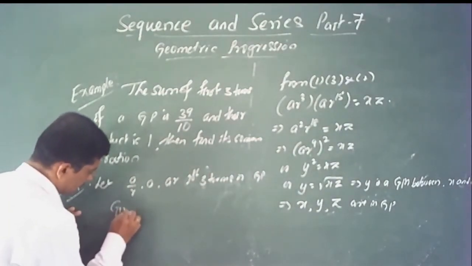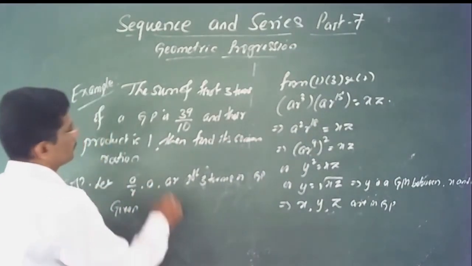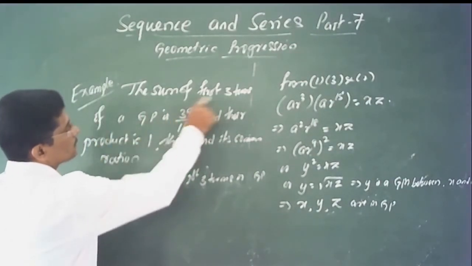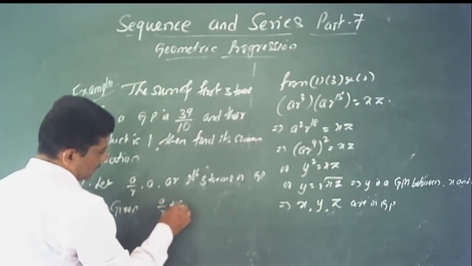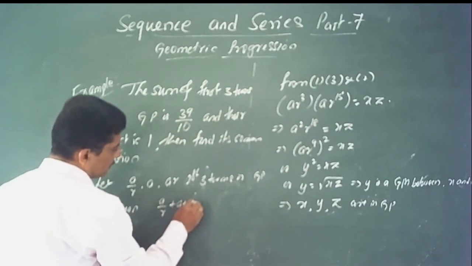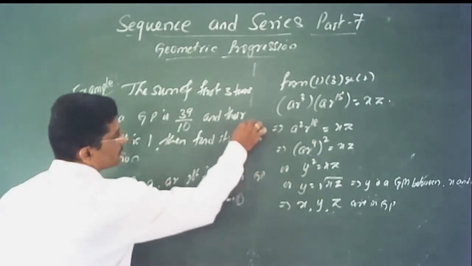Next, given that three numbers are in GP, consecutive numbers, the sum of the first 3 terms of a GP means A by R plus A plus AR is equal to 39 divided by 10. This is the first result.